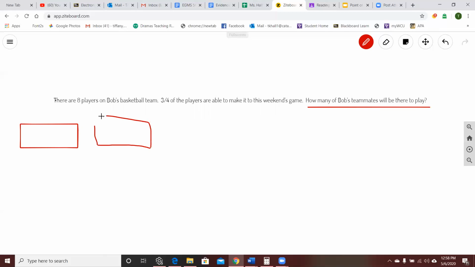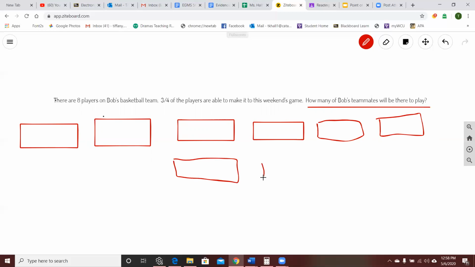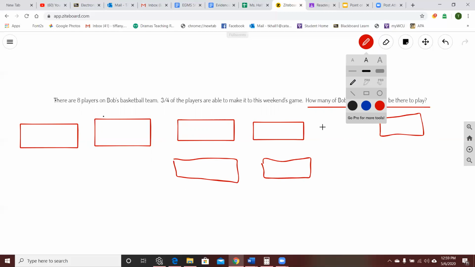So 1, 2, 3, and again, I apologize for my not getting these exactly lined up perfectly. 4, 5, 6, 7, 8. So 1, 2, 3, 4, 5, 6, 7, 8. And again, I do not like how that one looks, so let's fix it.